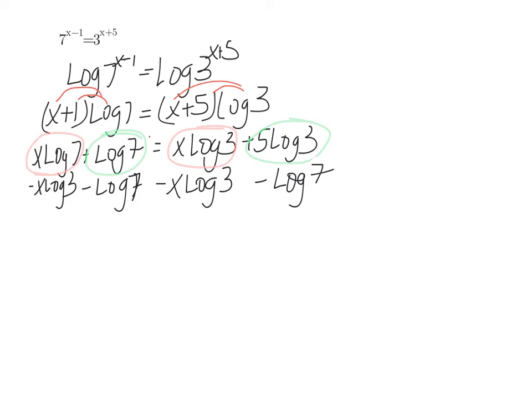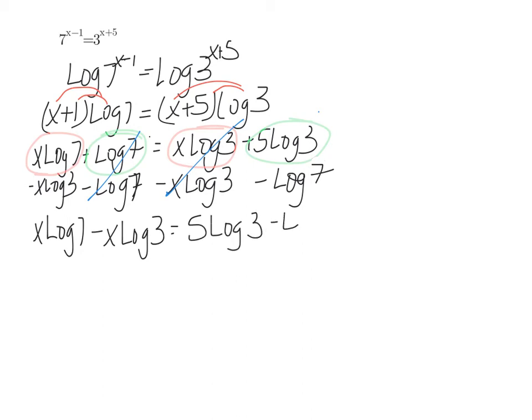Let's put in blue what's going to cancel. These cancel and these cancel. And what I have left is x log 7 minus x log 3 equals 5 log 3 minus the log of 7.